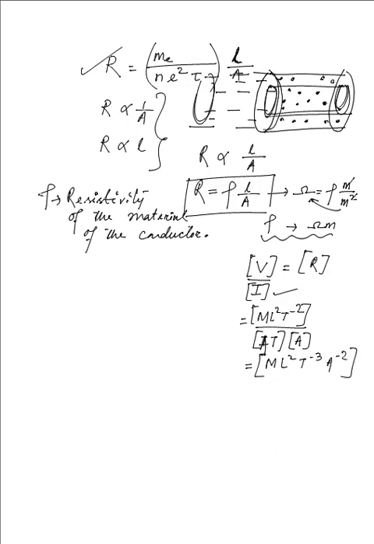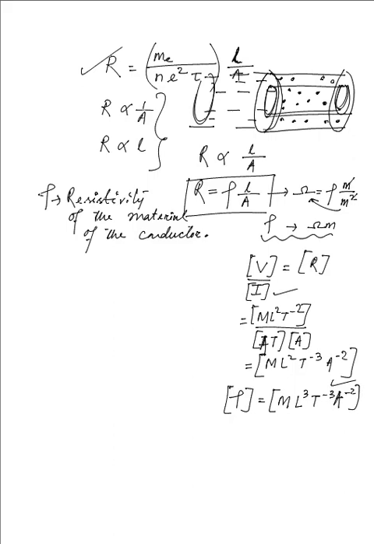Now you can use this to find the dimension of conductance as well as the resistivity, which has an extra length in it. That means for ohm meter, that is resistivity, you must have another extra L, that is M L cubed T to the power minus 3 A to the power minus 2. That is what we have for resistivity.